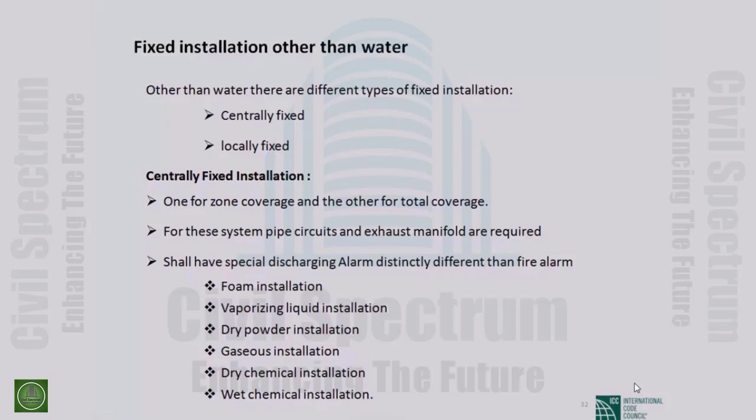You need to put in a fixed system because water is not good for those. If you think about your computer room, you do not want water mist, so you need some fixed system installed there. If you think about your generator, or a similar type of electrical equipment, your transformer room, if you don't want a water mist system, then you need some other system.